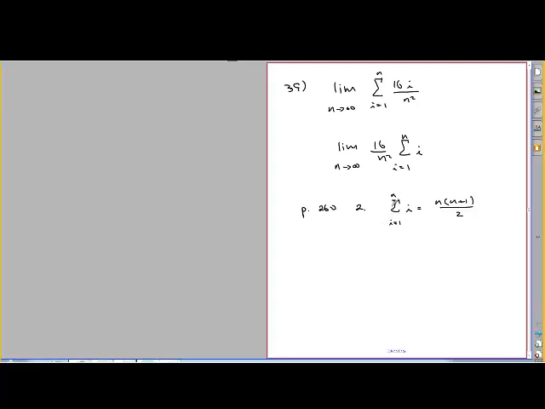So we make that substitution for the summation, which is based on the fact that if you have all these numbers, say 1, 2, 3, 4, 5, 6, you can match these up, and you'd have 1 plus 6 divided by 2.